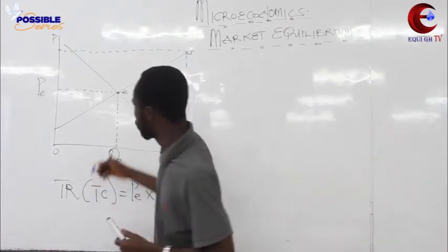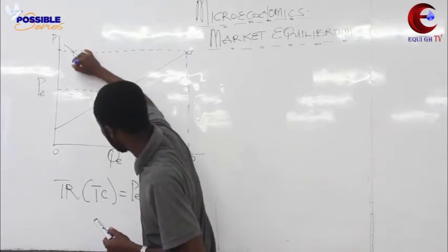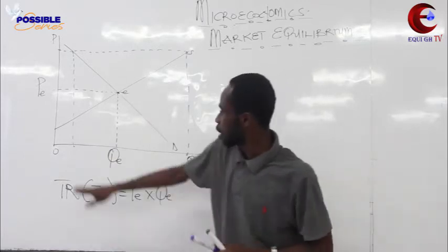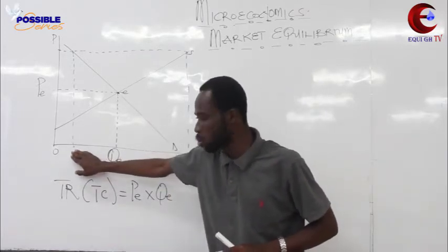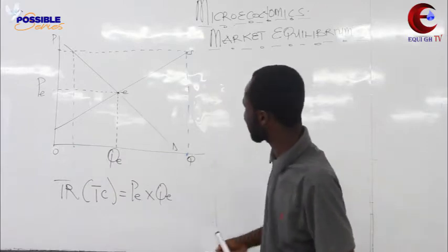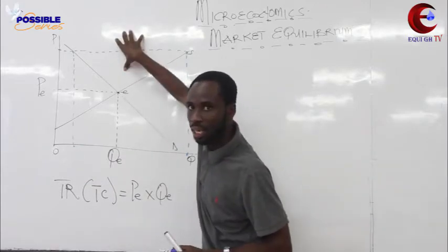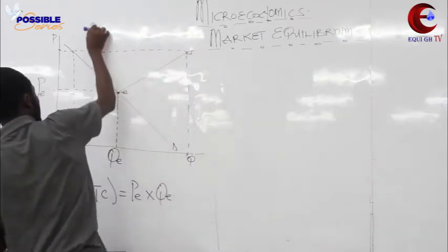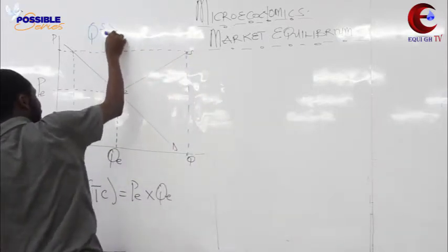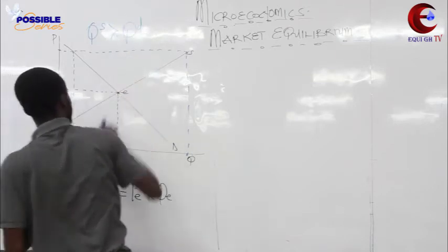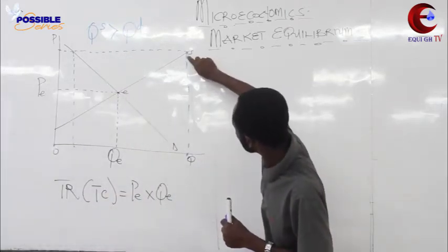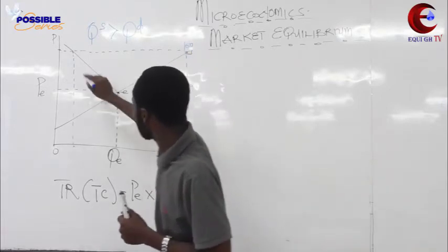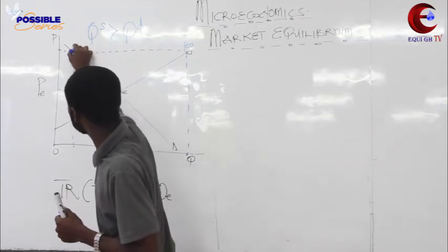But look at the consumers. Consumers are willing to consume here few goods, that is, smaller quantities. So we could see that at the top here, which is the extreme price, quantity supplied is greater than quantity demanded. Suppliers are probably supplying 100 units, and consumers are demanding 10 units.